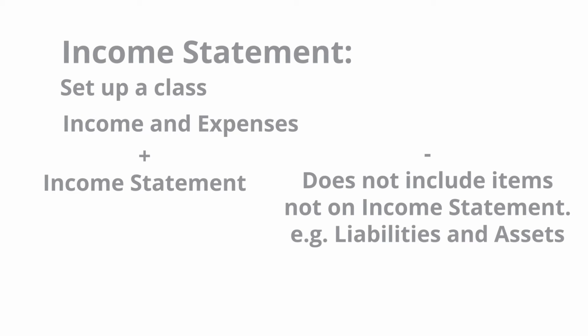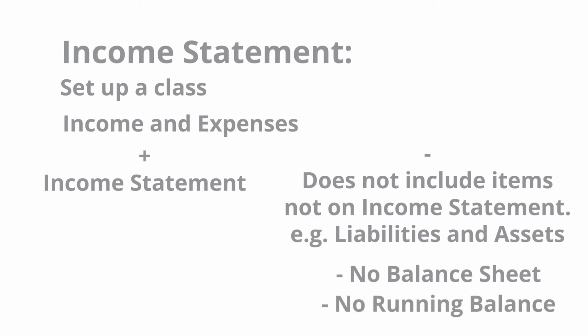So that's it. Another downside is there's no balance sheet, because there are no other non-income or expense accounts in play. The last downside is there's no running balance. So if you were to ask how much money do I have set aside in my grant fund, using a class you'd have to run the class report for all dates, because maybe that spanned multiple years.